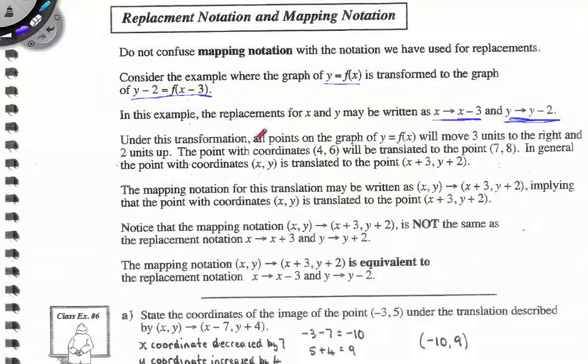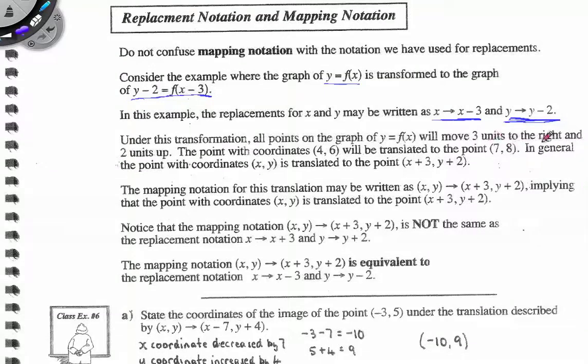Under this transformation, all points on the graph of y equals f of x will move 3 units to the right, and 2 units up. The point with coordinates (4, 6), for example, will be translated to (7, 8).